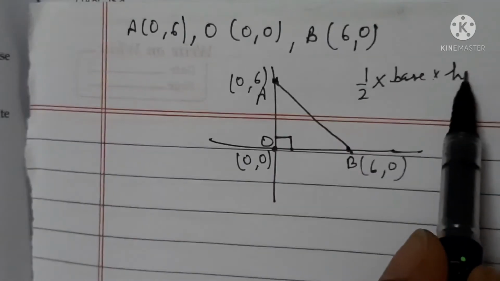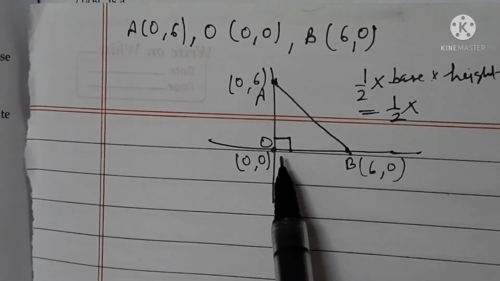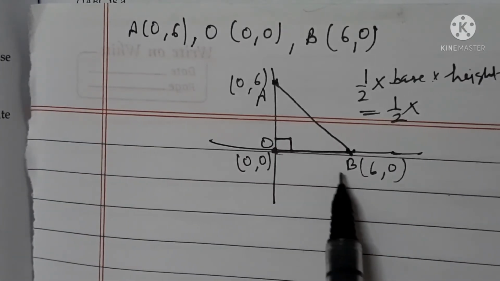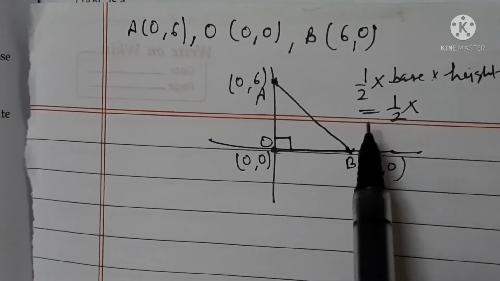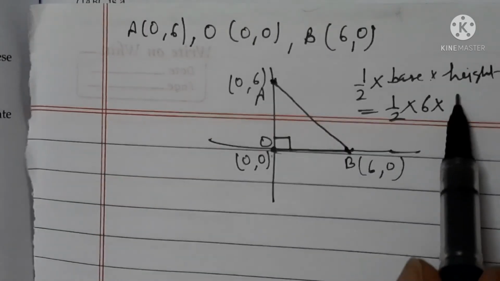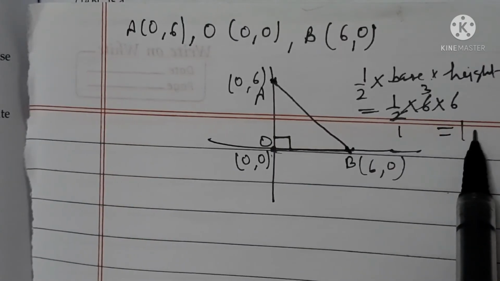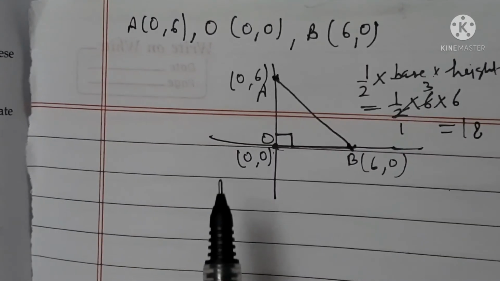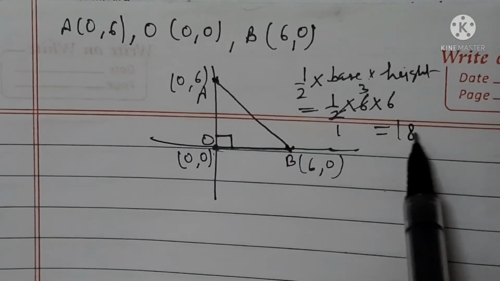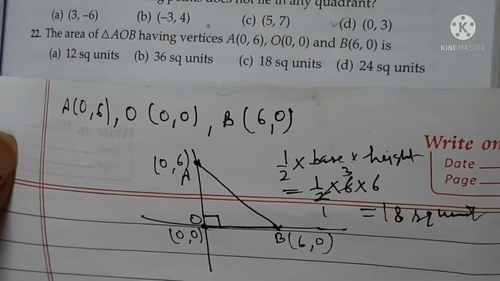Here half, base is the distance OB, which is 6 units, the x-coordinate here, and height is the y-coordinate, which is 6. 2 ones are 2, 2 threes are 6, 3 sixes are 18. 18 square units. Now mark the option C.